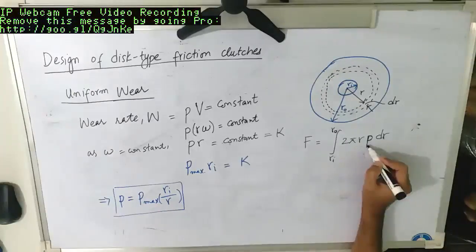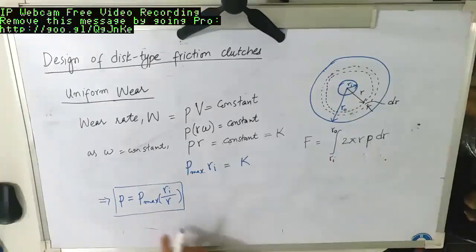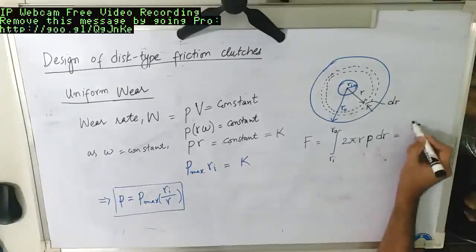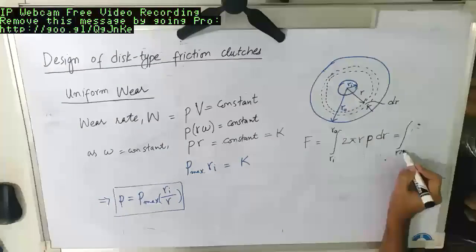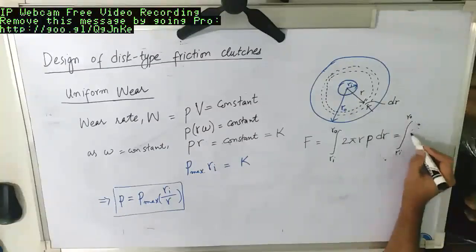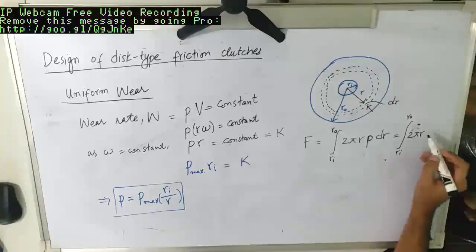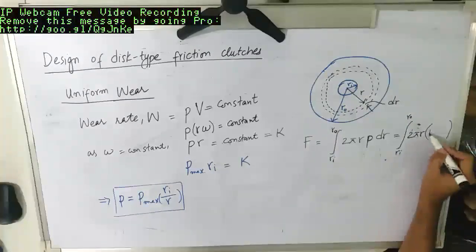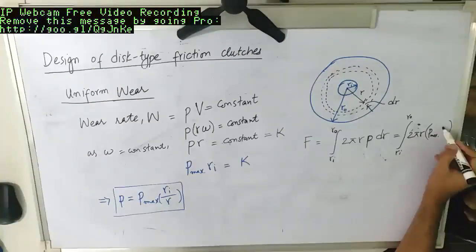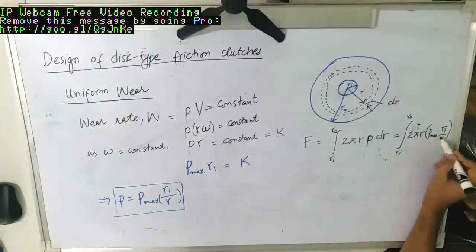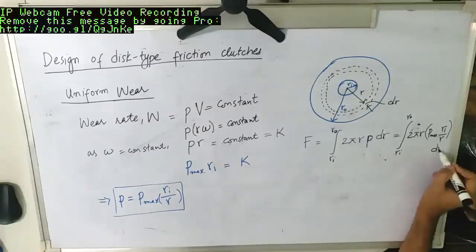This time this P expression will be substituted from here. So we can write integral 2 pi r, and then we can have this expression of P max Ri over R, and in the end we have dr.